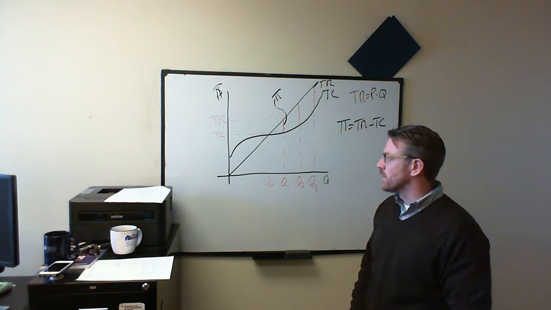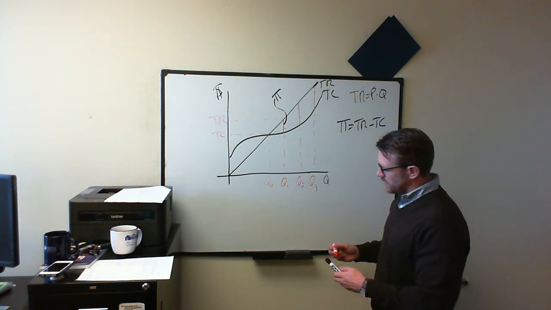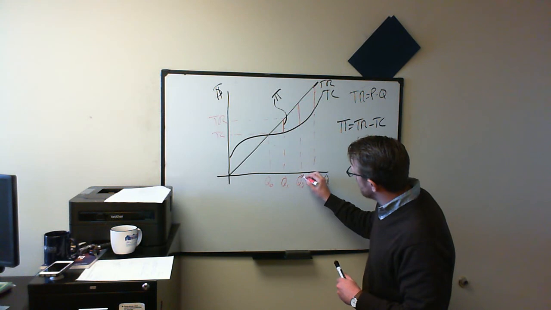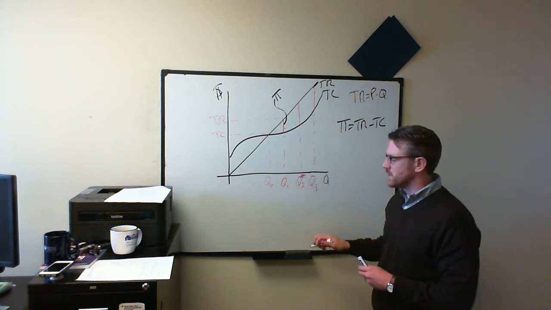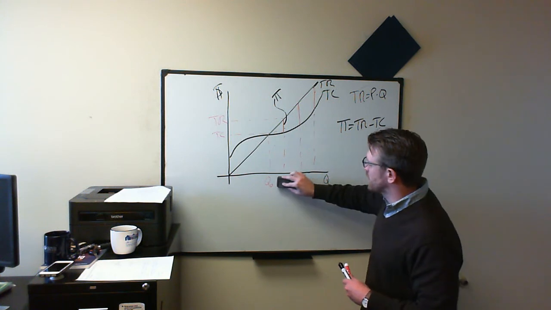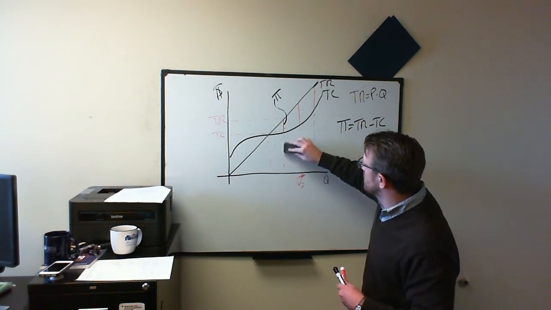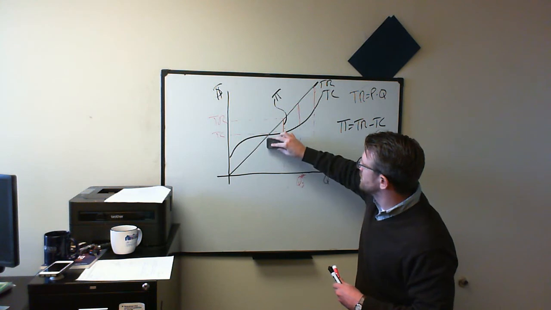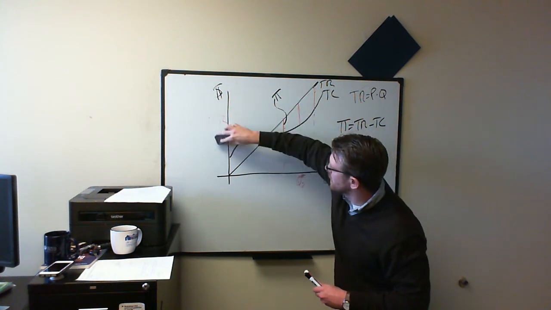We learned that earlier. So this is going to be what we call our profit maximizing quantity, Q star. Okay, you might want to redraw this graph. I'm just going to erase some of these lines to clear it up.